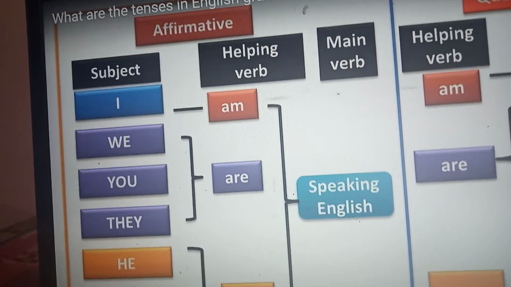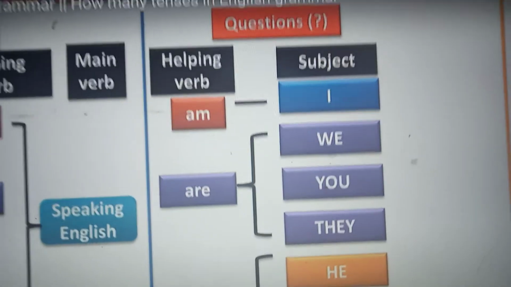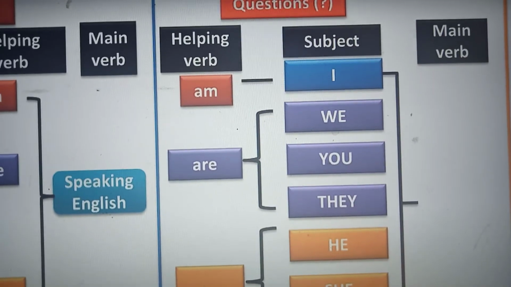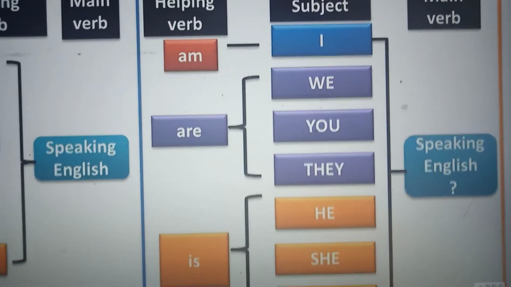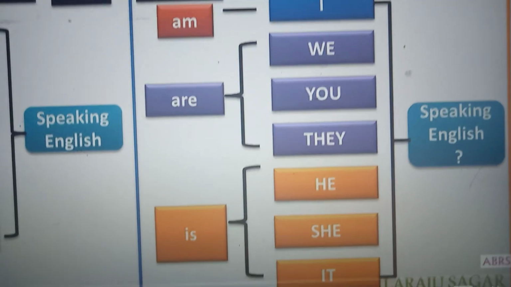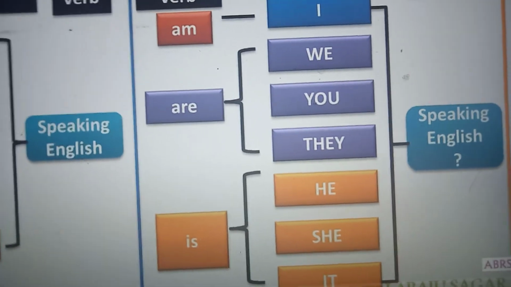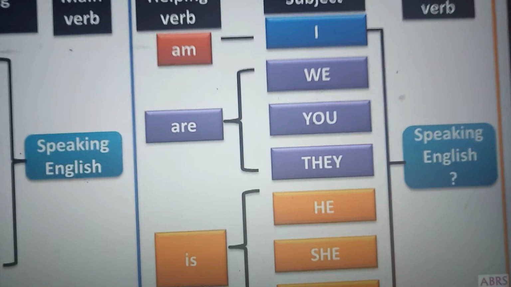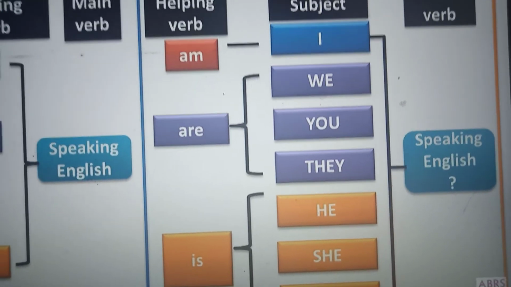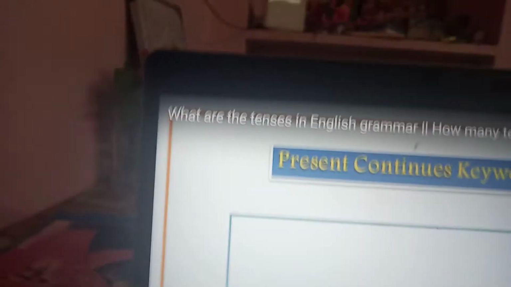Am I speaking English? Are we speaking English? Are you speaking English? Are they speaking English? Is she? Is he? Is it speaking English? So these are the question forms, how to change a sentence into question form.